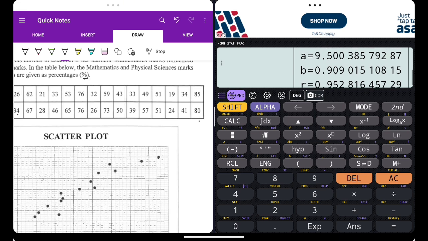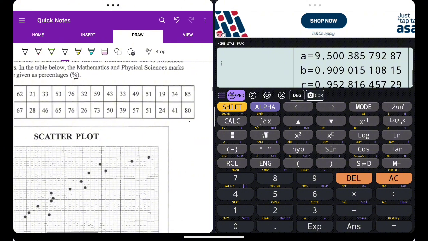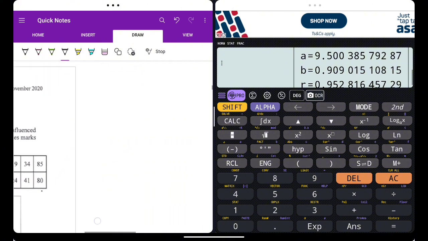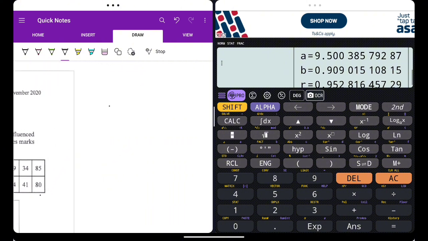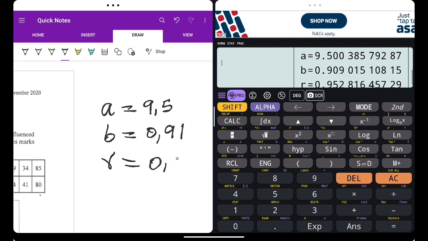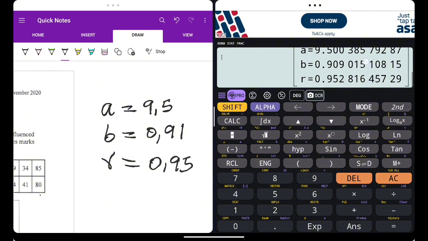We have A equals to 9,5. B equals to 0,91. And the R equals to 0,95. Okay, so we have all these variables. Please make sure that you write them all.